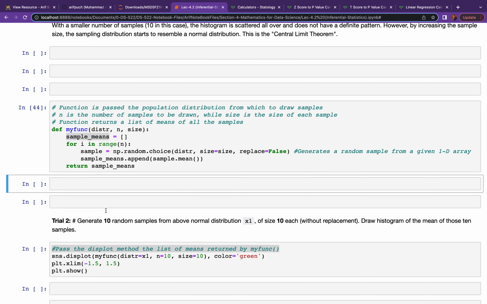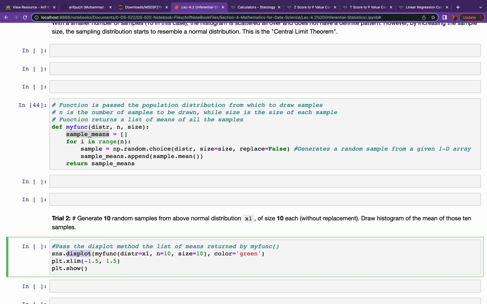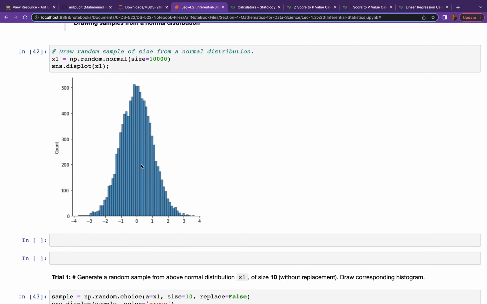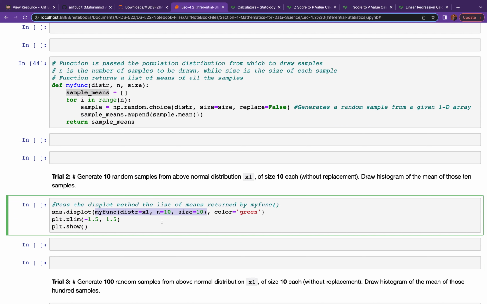Let me run another trial or experiment now, and this time I am calling the displot method, and I'm calling this function with these values, passing the same distribution x1, that is this normal distribution. I am generating 10 random samples of size 10 each, and plotting that.